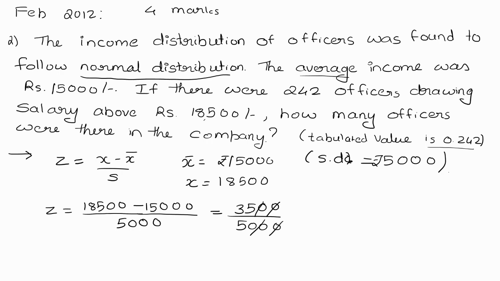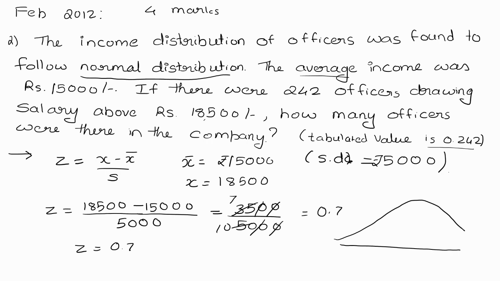So this cancels out and it is 7 by 10, or I can say 0.7. So my Z value is 0.7. This is the value which corresponds to 0.7. So that's why this tabulated value. We have no other value which we can choose for Z. So the tabulated value is 0.242. That means what?